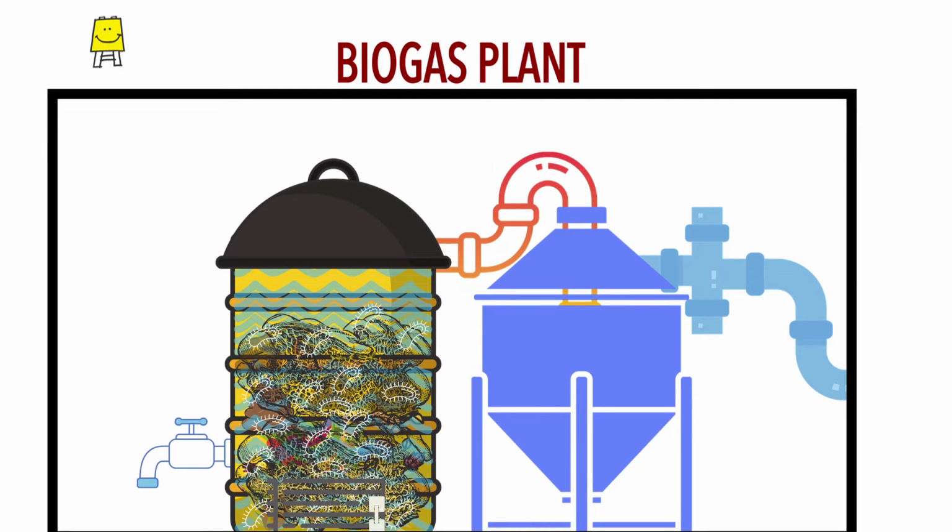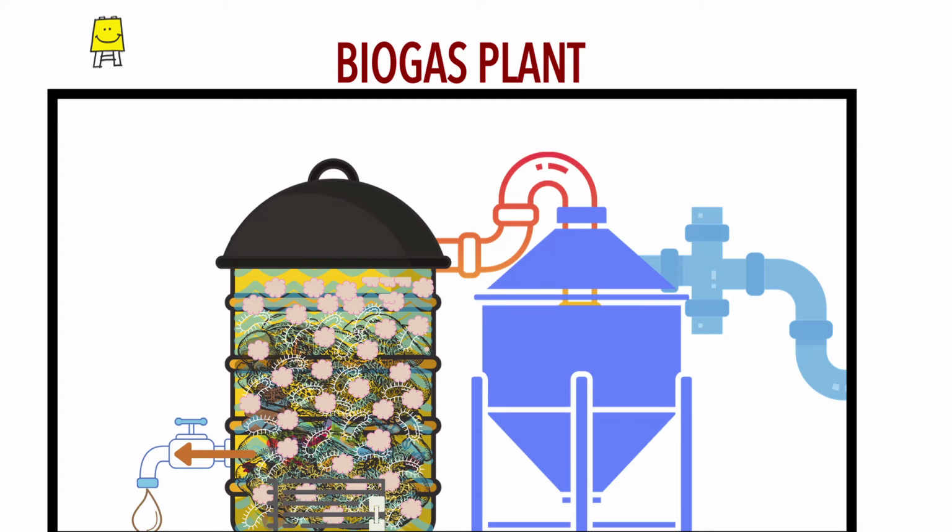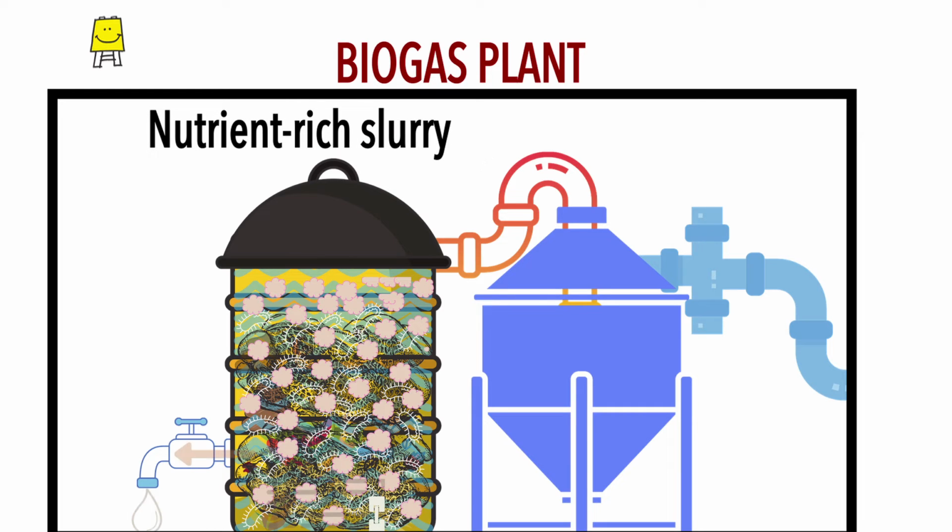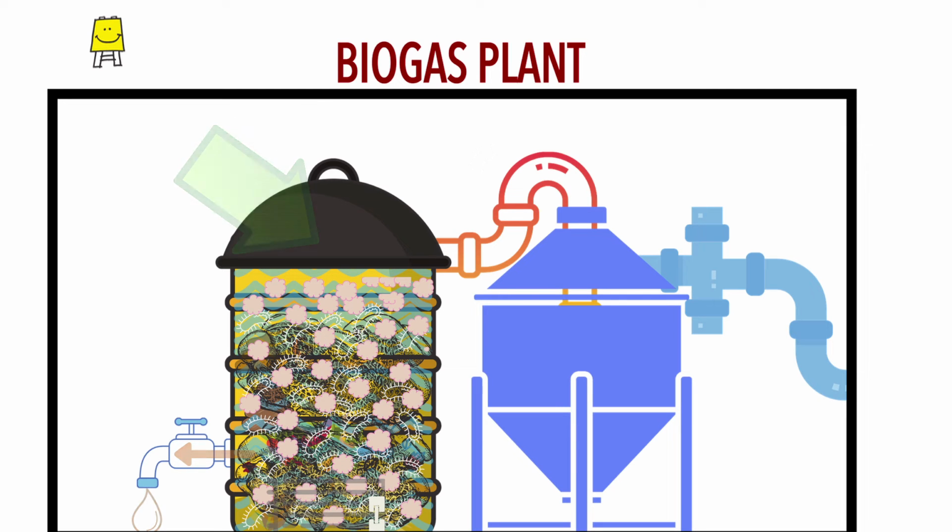Anaerobic bacteria carry out fermentation and break down the organic matter. The nutrients present in the waste dissolve in the water inside the tank to produce nutrient-rich slurry. The slurry is removed regularly to allow fresh waste to be put into the tank.